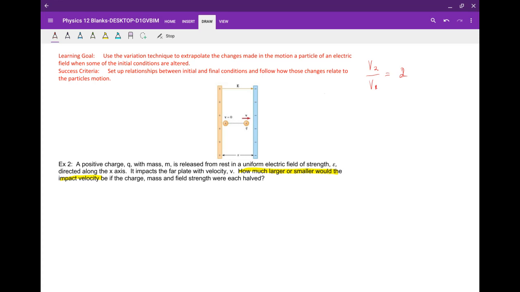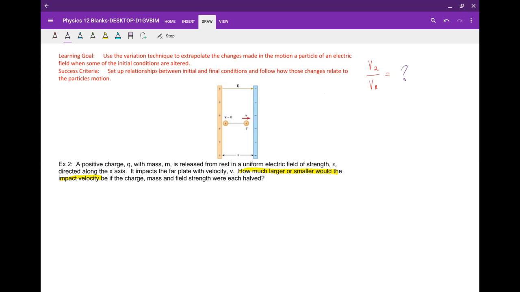Okay, so now that we know that, it depends on what number we get over here, and that number is going to be the answer to the question. So basically what we need to do is get V2 and V1 isolated and stuck into a ratio.